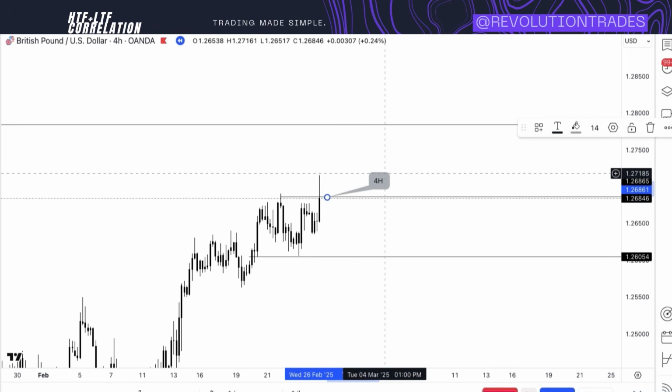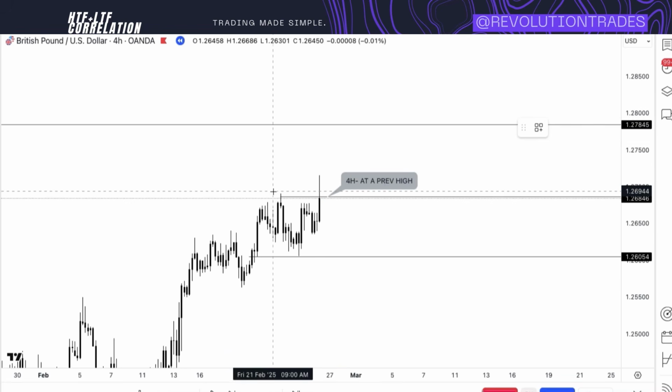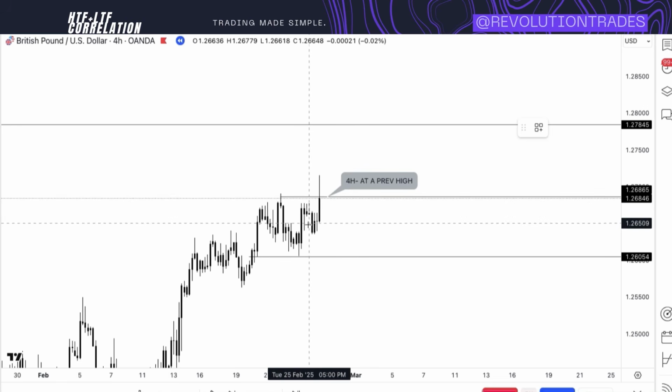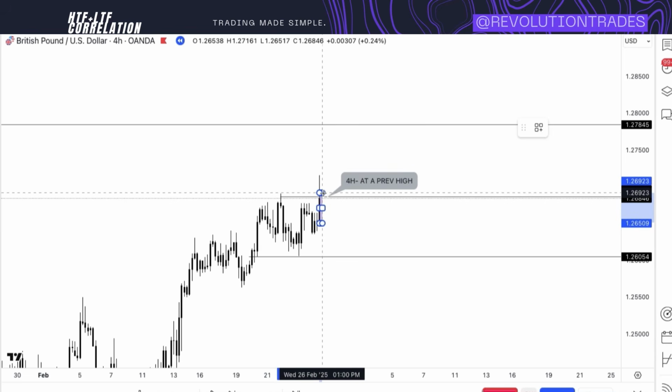4-hour, at a previous high. Okay, so we're currently at a previous high. We're in bullish structure on the 4-hour time frame overall. Because we're at a previous high, we want to see if price breaks that level to create a new higher high. So this 4-hour candle that we see here, what is it going to be?